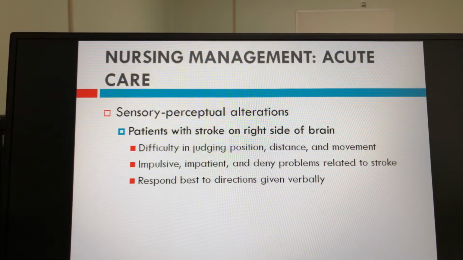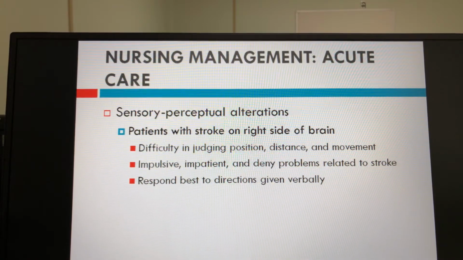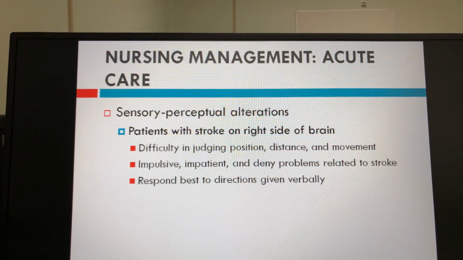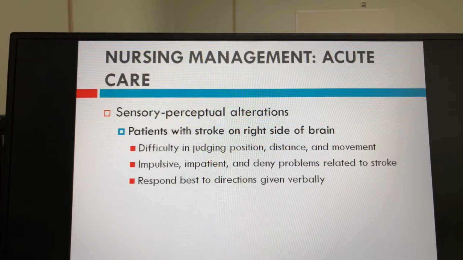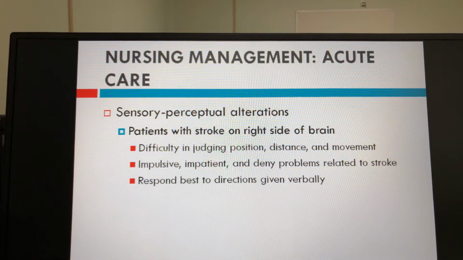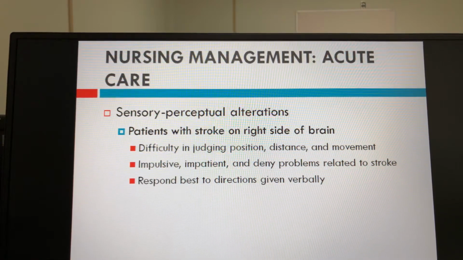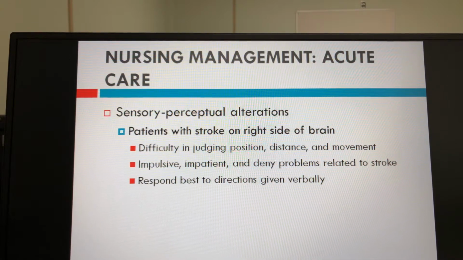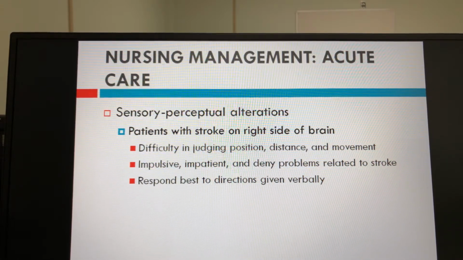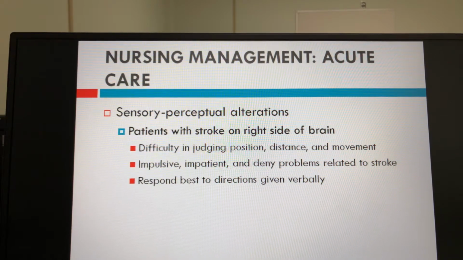They may fail to correlate spatial perceptual problems with the inability to perform activities such as guiding a wheelchair through the doorway. The patient with a right brain stroke, again, that is left hemiplegia, is at higher risk for injury because of those mobility difficulties.